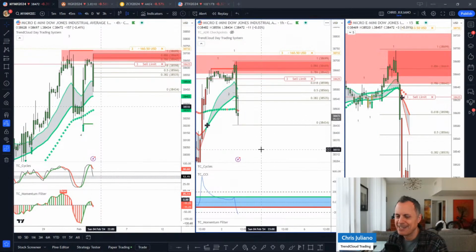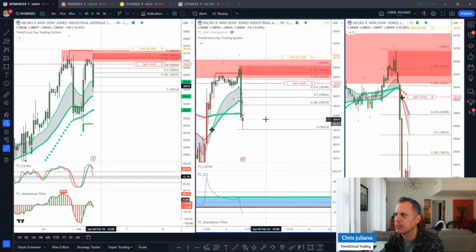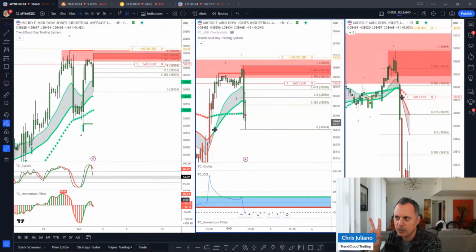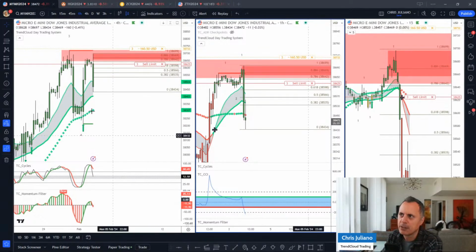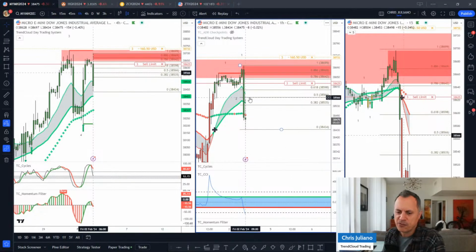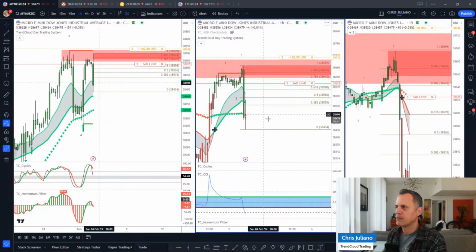So there's a technique called the 2618 trade. 2618 means 2, meaning double top, and 618, meaning the Fibonacci 618 retracement level. So it's just a clever name given to the trade.